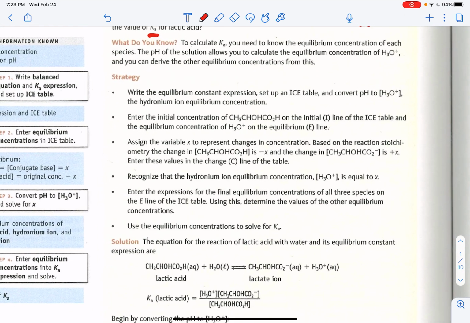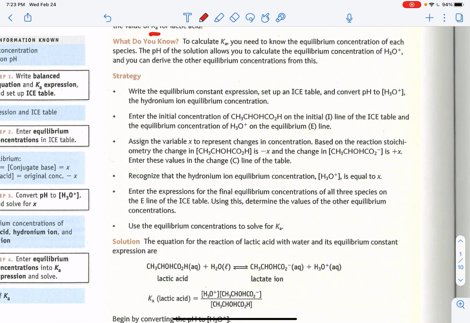Now, the strategy, as always, is to, first of all, write your equation. What is the equation? There's the equation that's happening. Your lactic acid is being put into water, being added to water, and it's dissociating into the lactate ion and the hydronium ion.